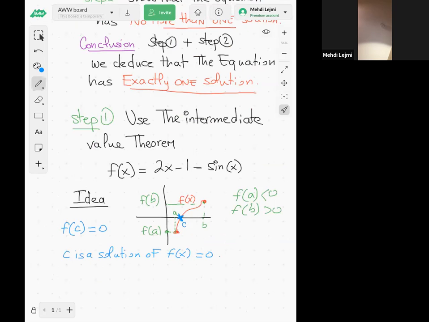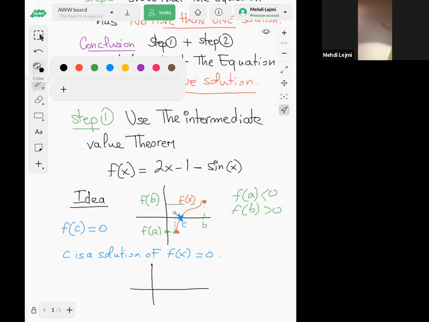But of course, you could intersect the x-axis at more than one point. So for example, if you have a different situation where, again, this is A, this is B, each time you intersect the x-axis, that will be a solution, right?